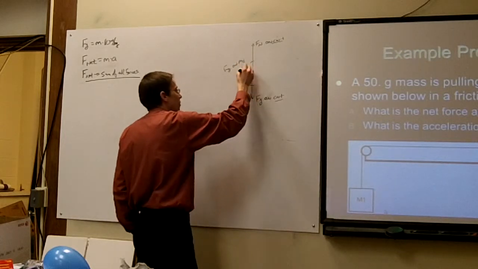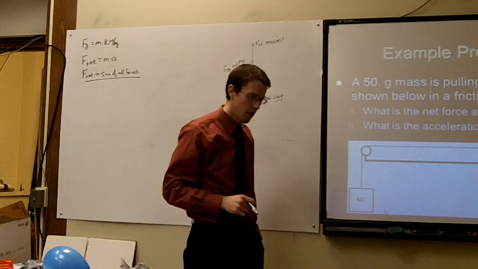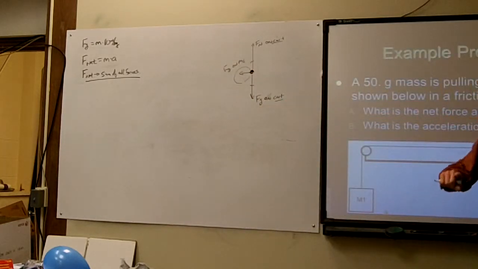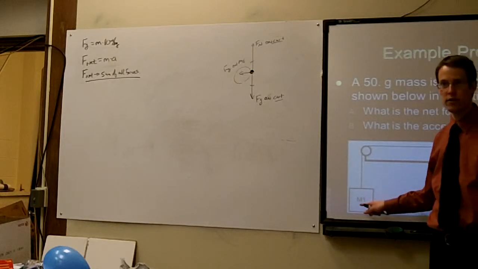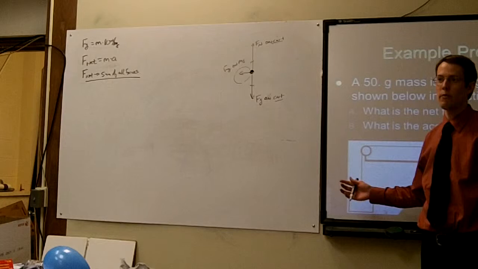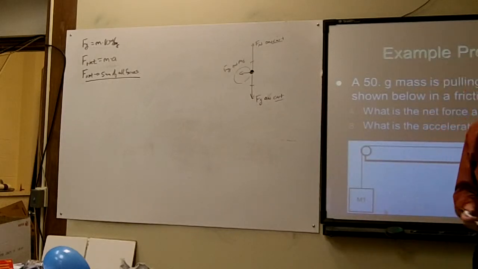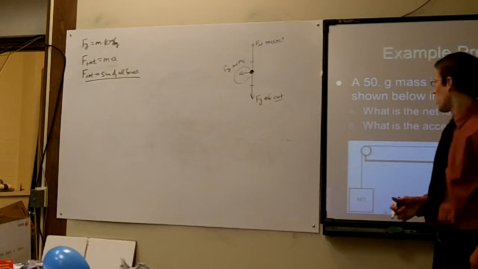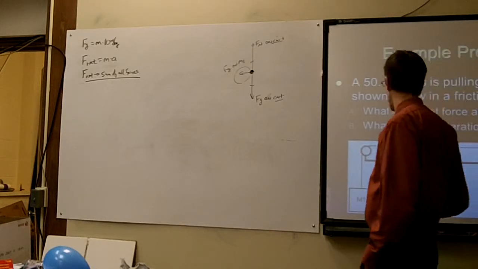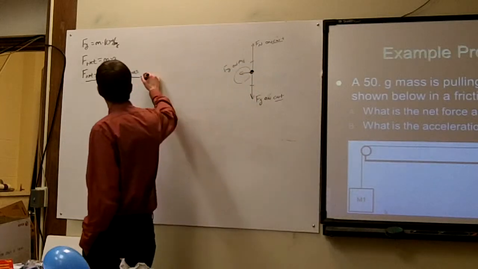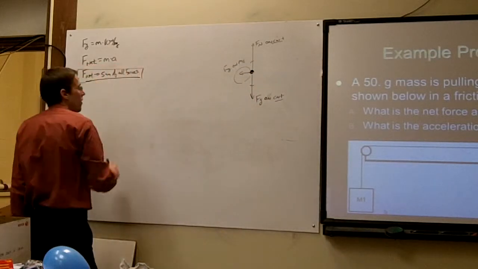Why did I draw that smaller? Because how much is this mass? 500. How much is this mass? 50. So which one's going to have a bigger force due to gravity? The cart. So I drew the other one proportionally smaller. Okay, it says, what is the net force acting on the system? So the net force is the sum of all forces.